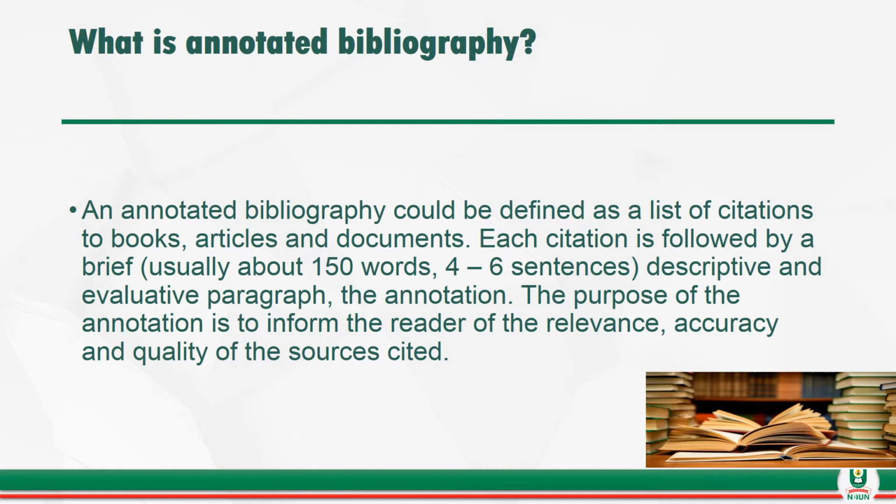Each of the citations is usually followed by a brief, descriptive, and evaluative paragraph, usually about 150 words, 4 to 6 sentences only. The purpose of an annotated bibliography is to inform you, the reader, of the relevance, accuracy, and quality of the sources cited.